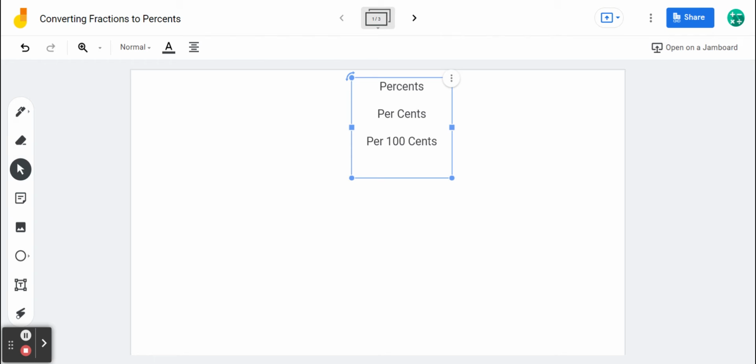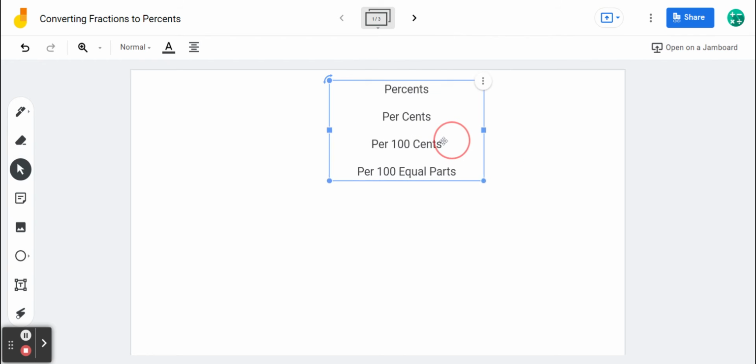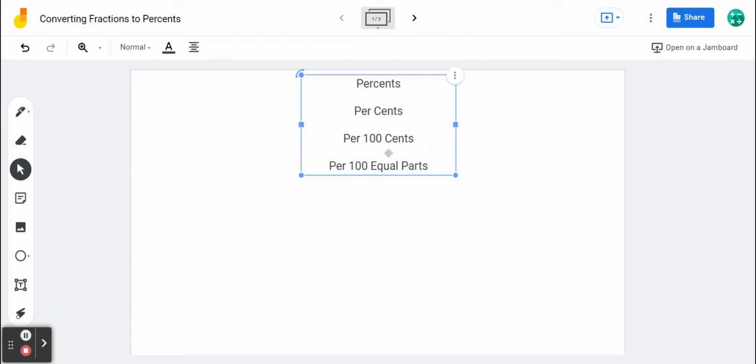Even though one is newer than the other one, they're still both worth 1 cent. So the reason we say the statement 100 cents make $1 is because it's per 100 equal parts. They have equal value. So in order for percent to work, this idea that we emphasized yesterday, equal, in order for percents to work, everything needs to be cut into equal parts.